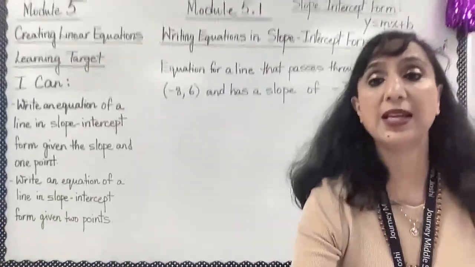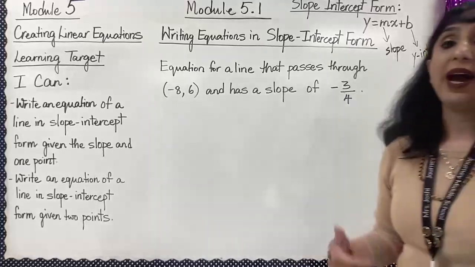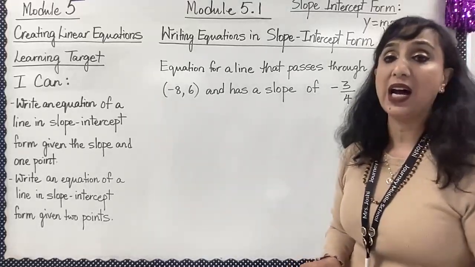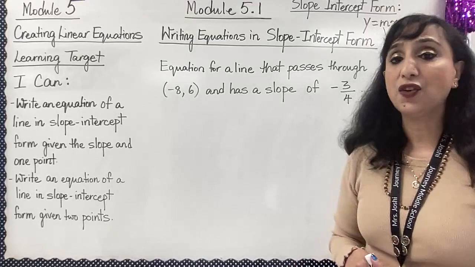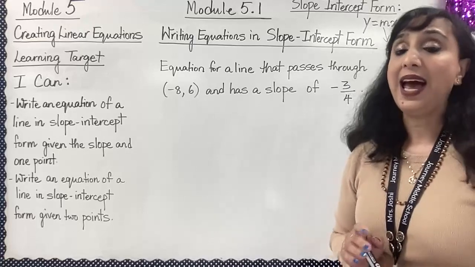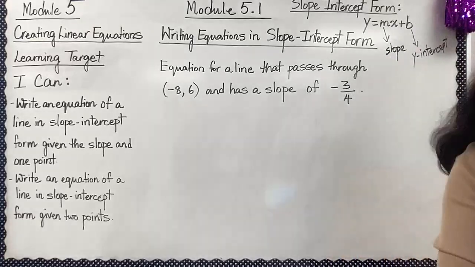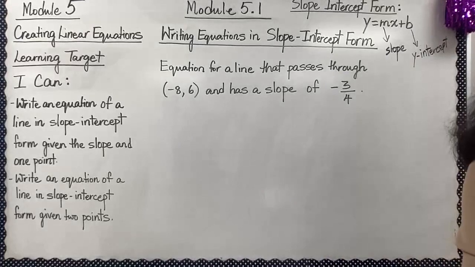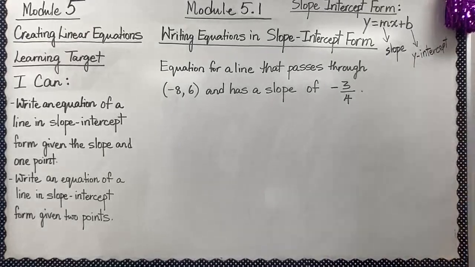This says, write an equation for a line that passes through the ordered pair negative 8, 6, and has a slope of negative 3/4. If I'm given the slope of a line and the coordinates of any point on that line, I can create an equation for the line.